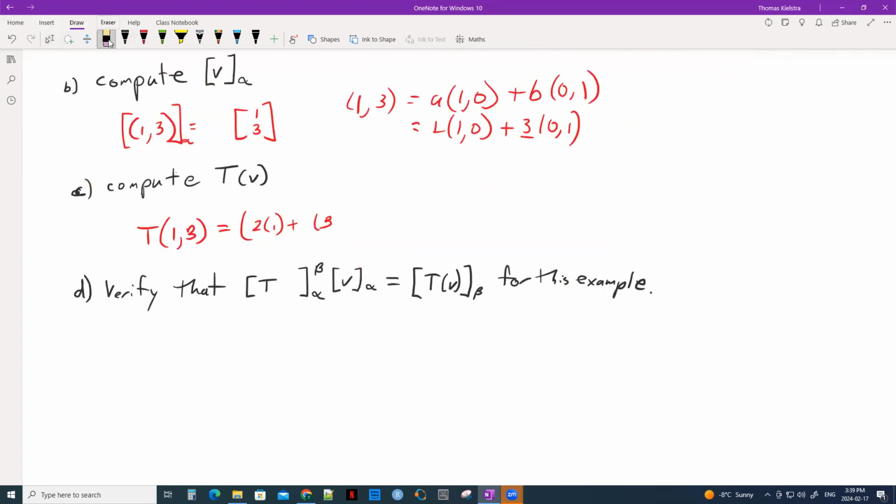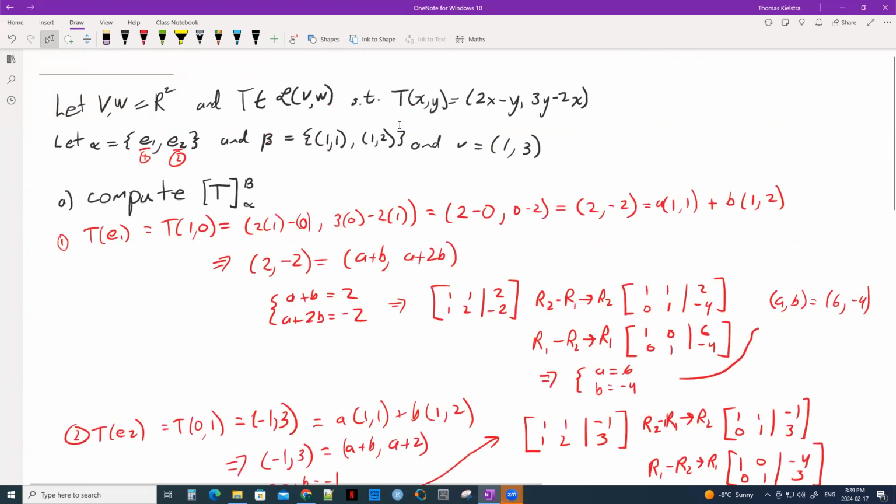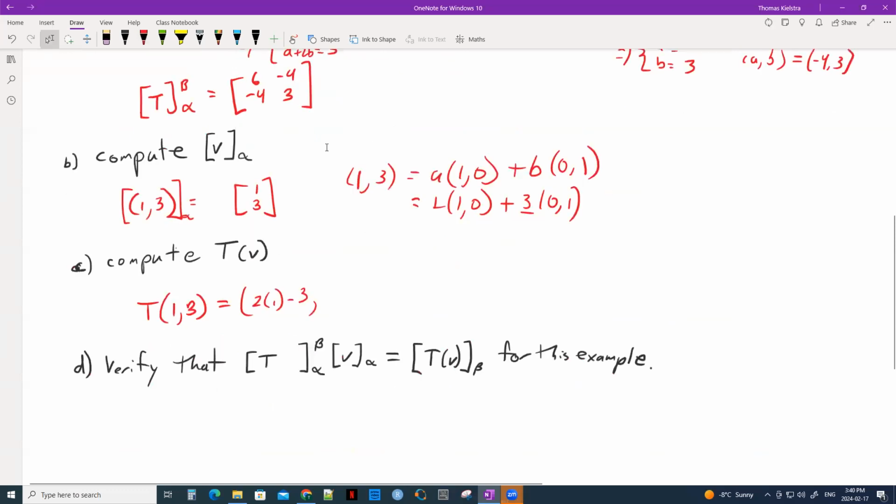So 2 times 1 minus 3. And then we have 3 times 3 minus 2 times 1, which equals (-1, 7).